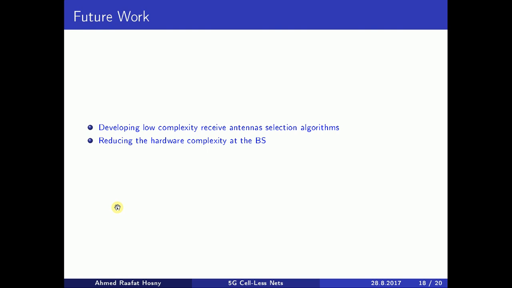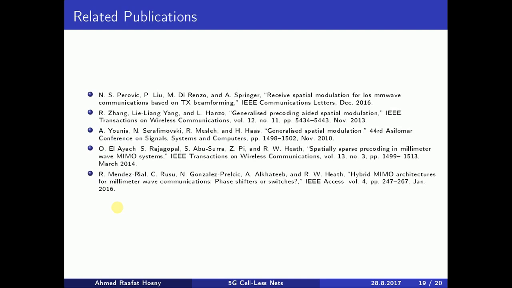That's all for the technical presentation. For future work, we are thinking of developing low complexity receive antenna selection algorithms, and we are also thinking of reducing the hardware complexity at the base station, because in this work we are considering a fully digital base station.